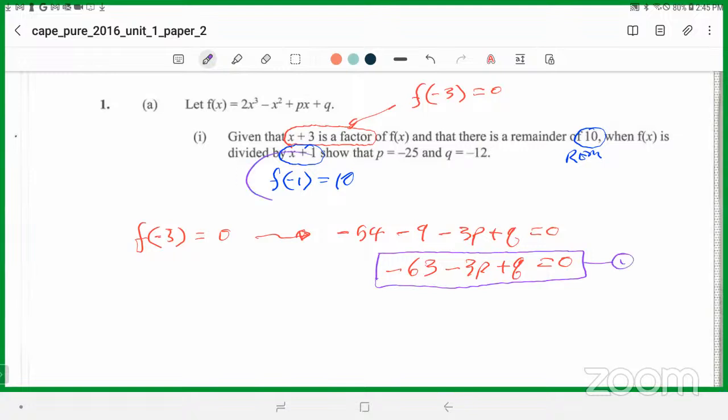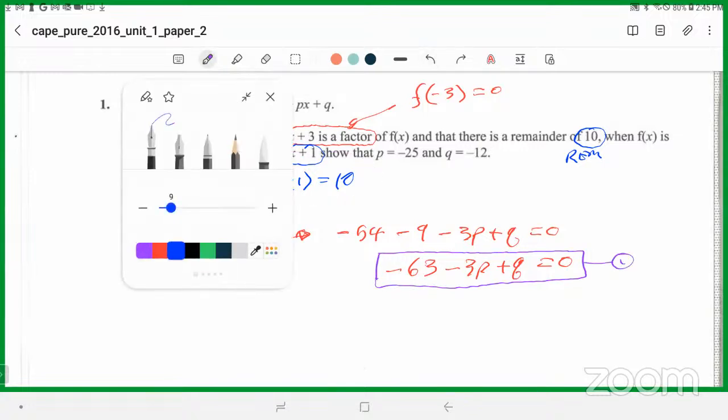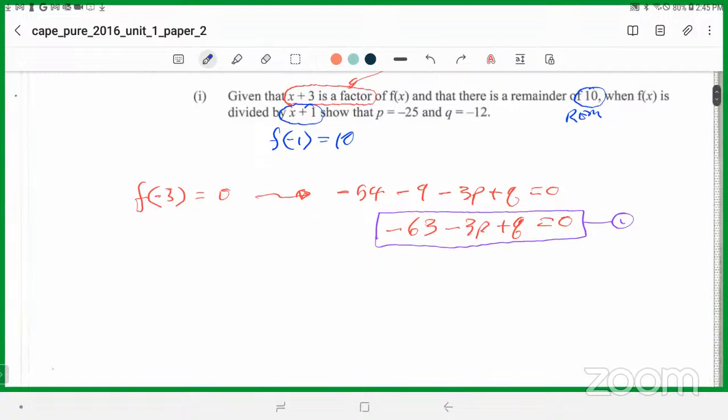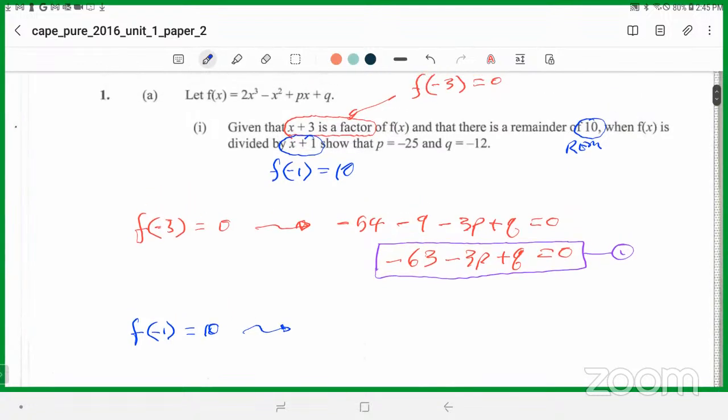Now this gives us our second equation, information in blue: the remainder is 10 when you divide by x plus 1. That statement, using the remainder theorem, means that f of -1 equals 10. Plug -1 in for x and equate it to 10. So -1 cubed is -1, so it becomes -2.